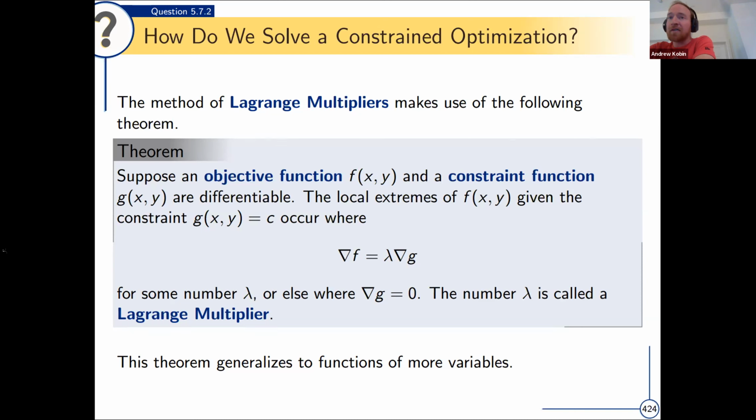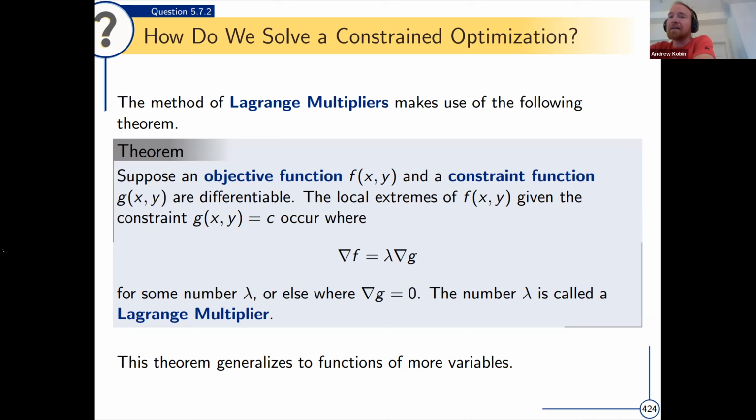Then the local extremes of f, given the constraint g equals some constant c, occur where the gradient of f is equal to lambda times the gradient of g for some number lambda, or where the gradient of g is equal to 0. This number lambda that appears in the formula is called a Lagrange multiplier.